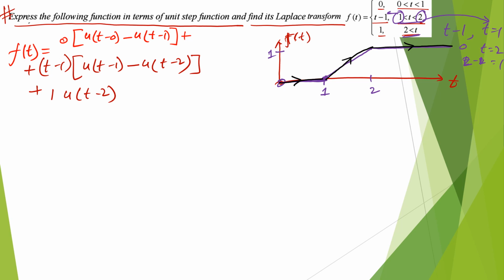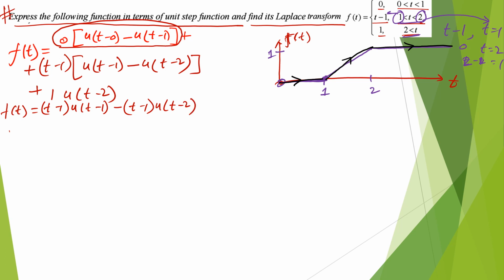Now when we calculate it, f(t) is equal to, the first term is completely 0 because it is multiplied with 0. For the second term we get (t minus 1) u(t minus 1) minus (t minus 1) u(t minus 2) plus u(t minus 2). To find the Laplace, we just have to take this portion as common and simplify it.